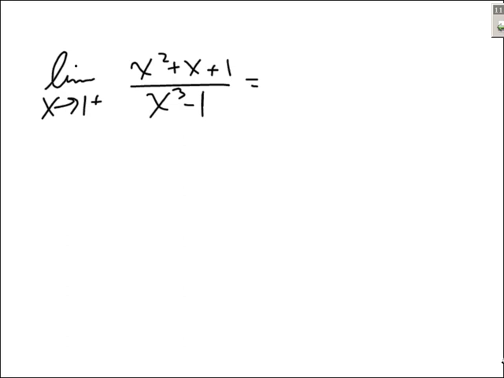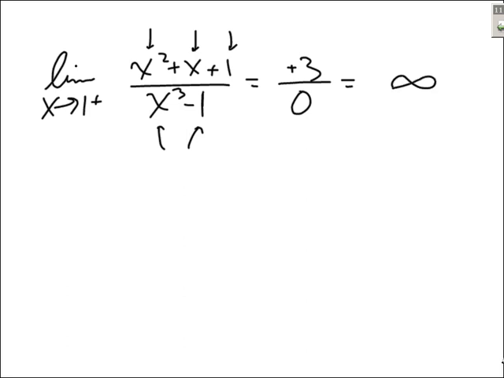Well, the numerator, 1 squared is 1, 1 is 1, and 1 is 1. 1 plus 1 plus 1 is 3, positive 3. And the bottom, 1 cubed is 1, take away 1, get 0. So since the top is not 0 and the bottom is 0, I know it's going to be infinity.